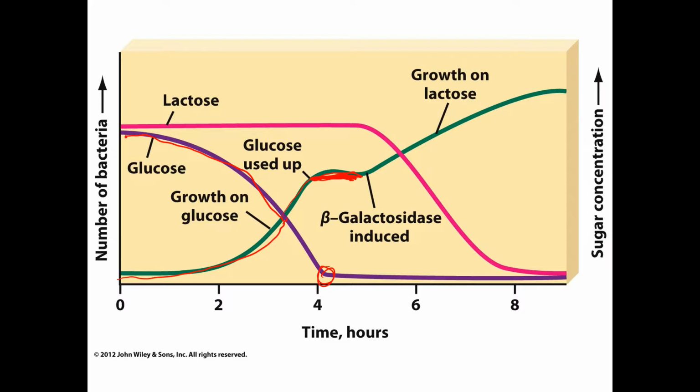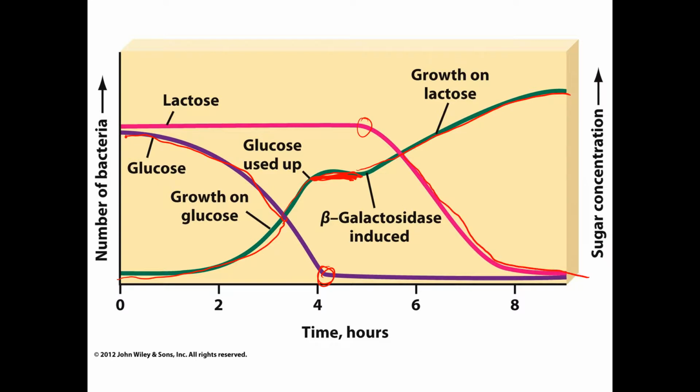Notice that the level of lactose has remained constant throughout this process, but now you have lactose present, and this will be preferentially used. As the level of lactose decreases because the bacterial cells are utilizing it, bacterial numbers again begin to rise.